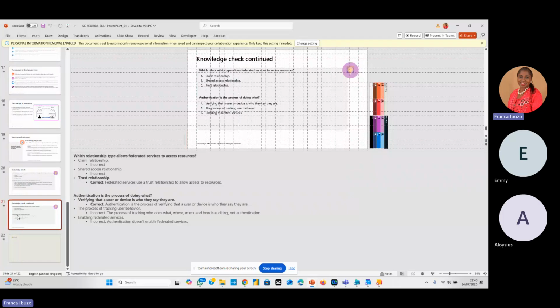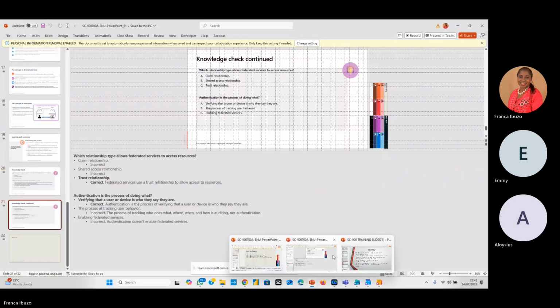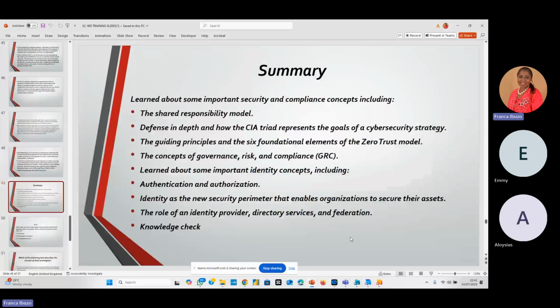We should all know that anyway. Authentication is the process of verifying users' devices are who they say they are. So you guys did well with this, and we've gone through the summary.